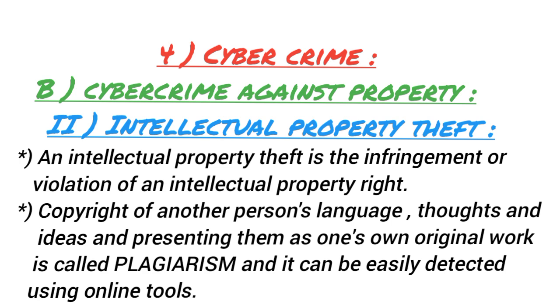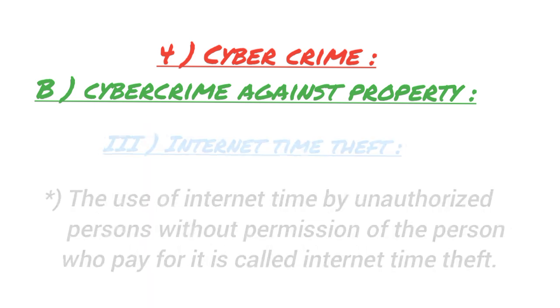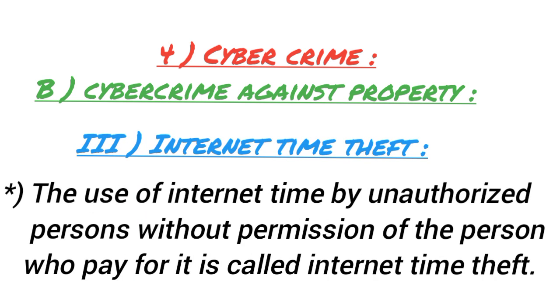Copying another person's language, thoughts, and ideas and presenting them as one's own original work is called plagiarism, and it can be easily detected using online tools. Internet time theft. The use of internet time by unauthorized persons without the permission of the person who paid for it is called internet time theft.